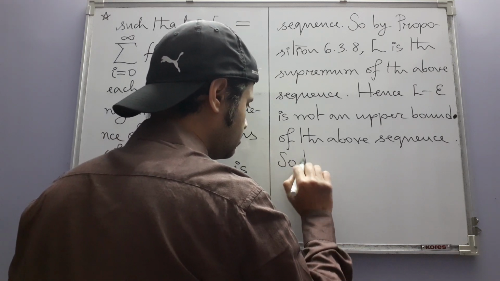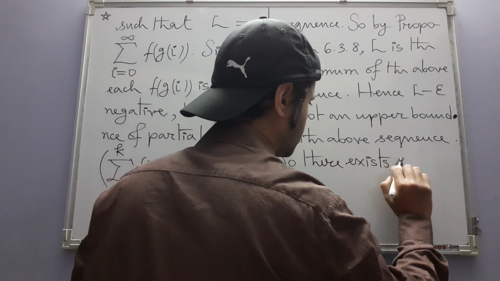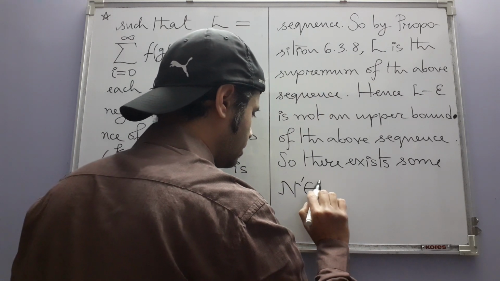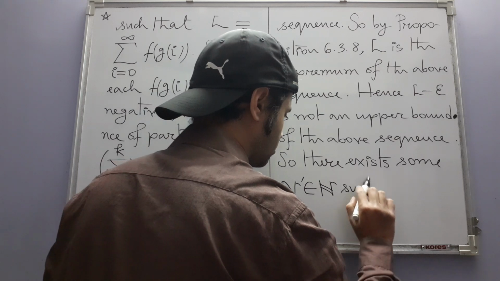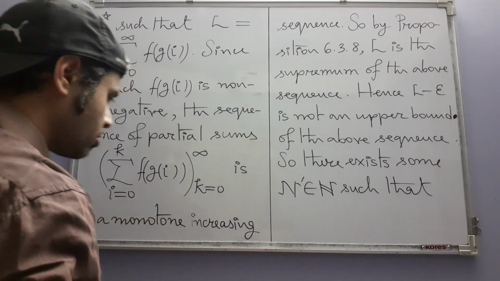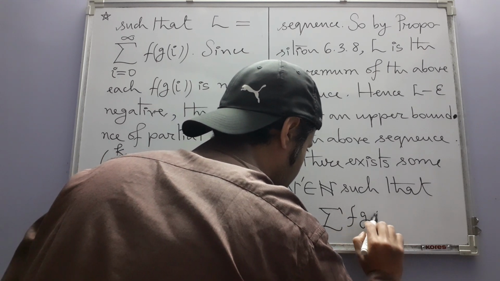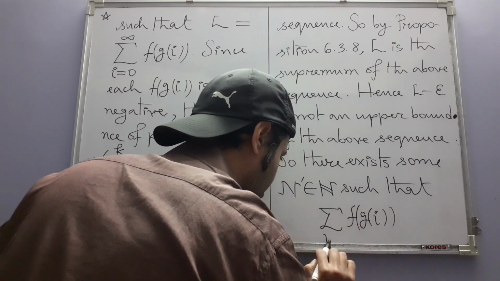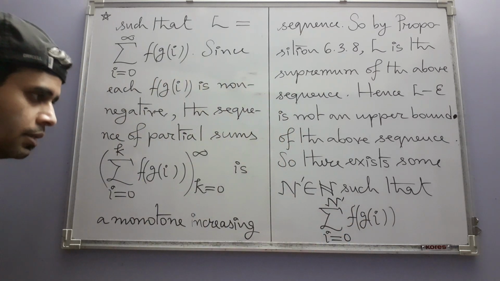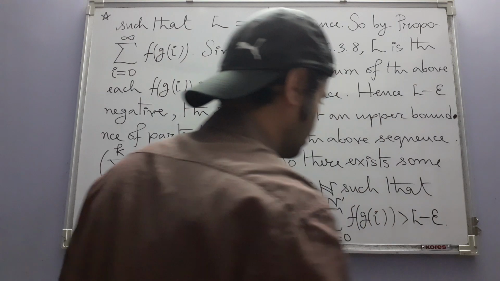So there exists some natural number, say n prime, such that the corresponding term in this sequence, summation f of g of I, where I varies from 0 to n prime, is strictly greater than L minus epsilon.